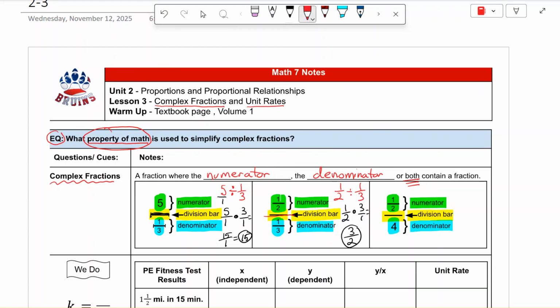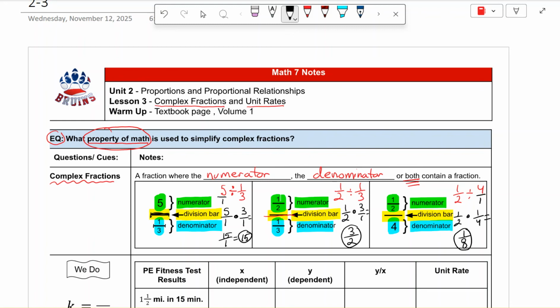And then the last one, 1/2 divided by 4. So make 4 into a fraction. And you keep the first one, change it to multiplication, and then reciprocate 4/1 to 1/4, and then you multiply. That's going to be 1/8.